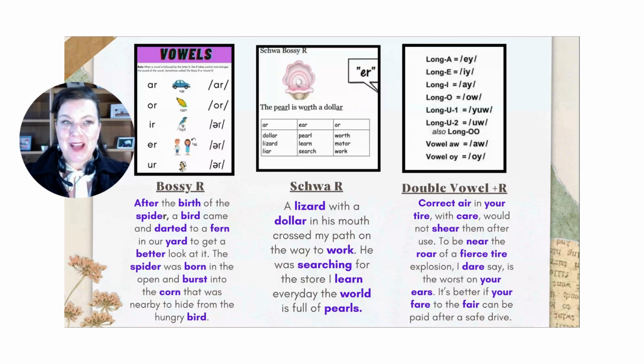Nicely done. Did you get that long vowel sound with the closing piece of it? Let's target these individually. So repeat these after me. Correct. Air. Your. Tire. Care. Sheer.